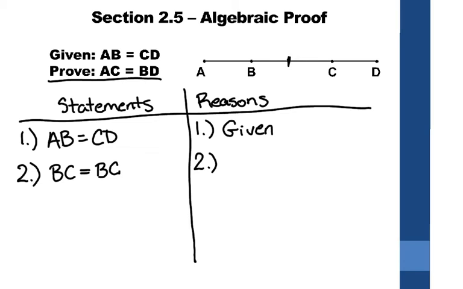This line segment right here, BC, from B to C, it's congruent to itself. We're going to be using that quite often in proofs to come in this class. So this right here is the reflexive property of equality, but we're just going to say reflexive property.